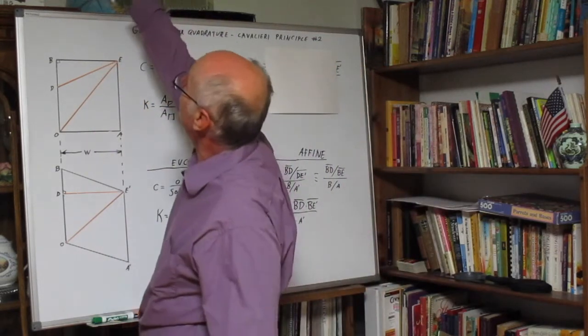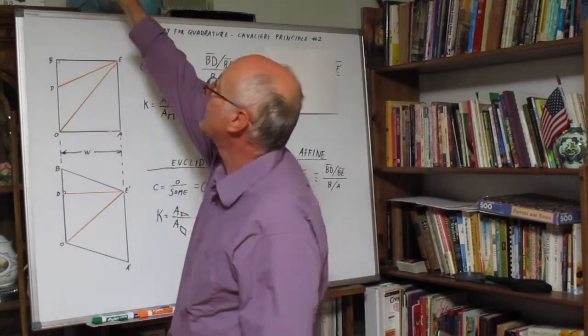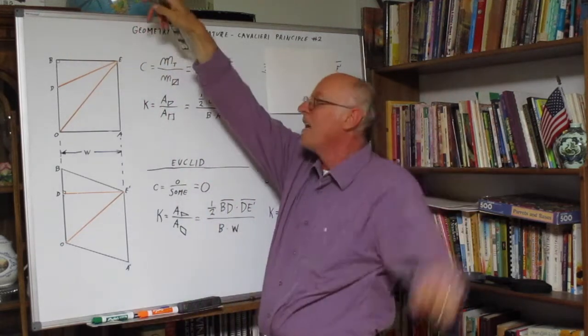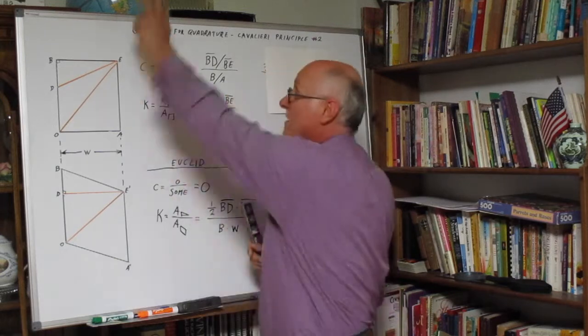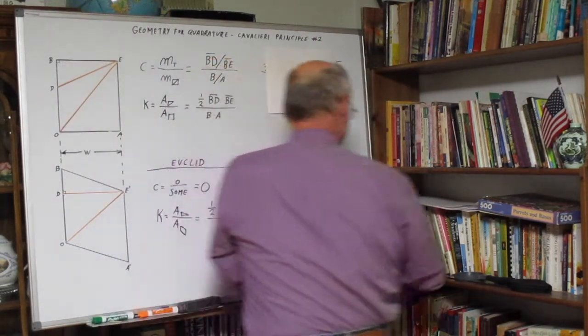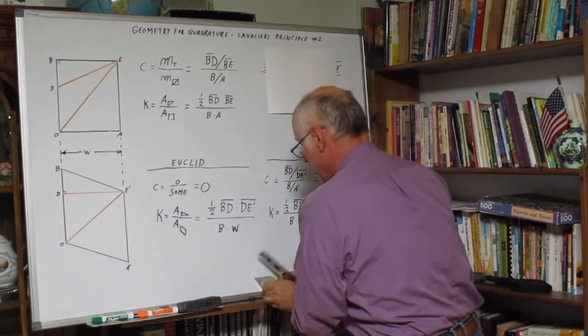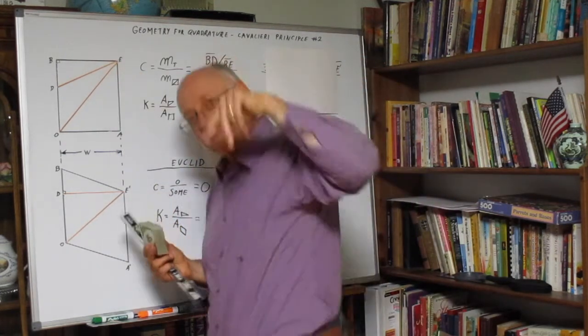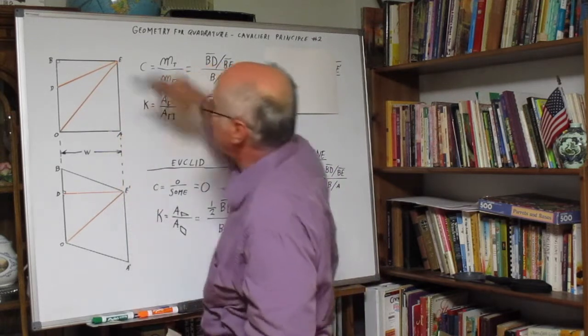Let's say that we're looking at it from a spaceship. Let's say that you're Yuri Gagarin and you've got binoculars and you're looking down on this situation. So Gagarin looks down from space and he sees this.